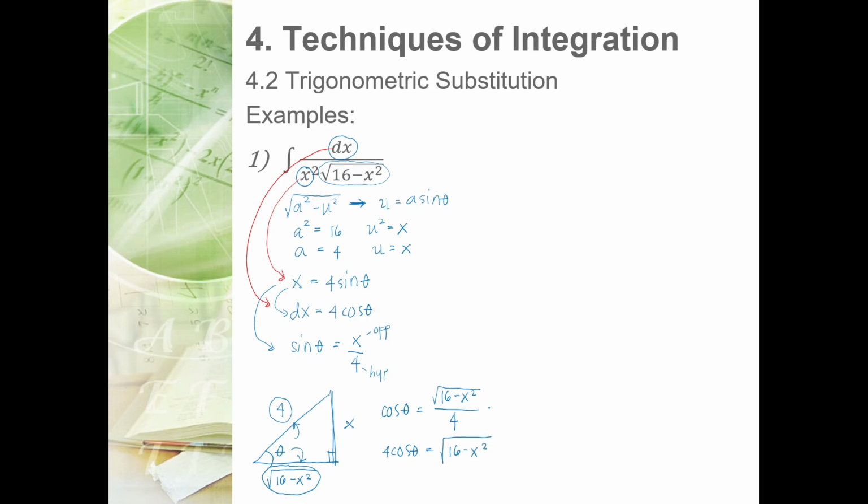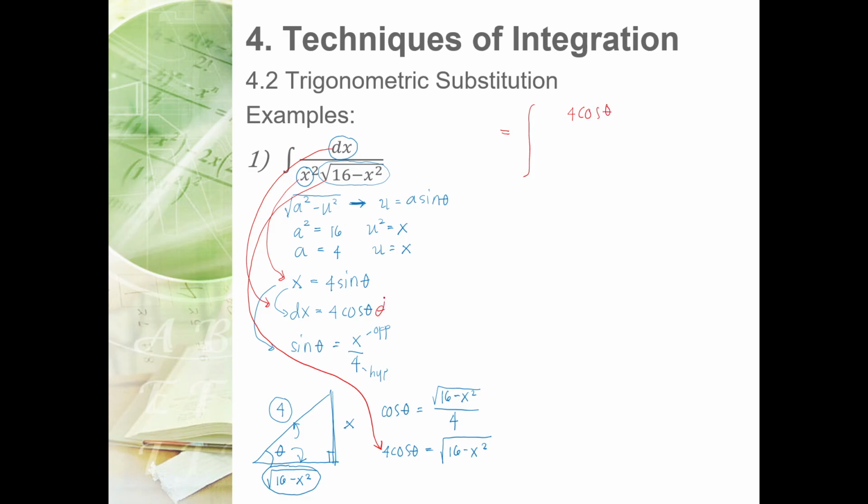So notice that we can now replace it with this term. Okay, so upon observation, if we now substitute the different parameters, notice that all our variables are in theta now. So dx is 4 cosine theta.